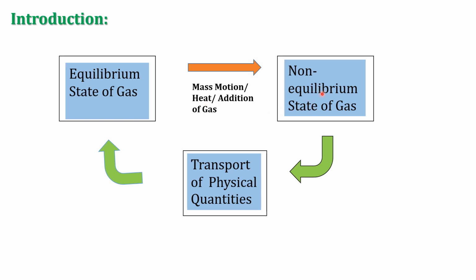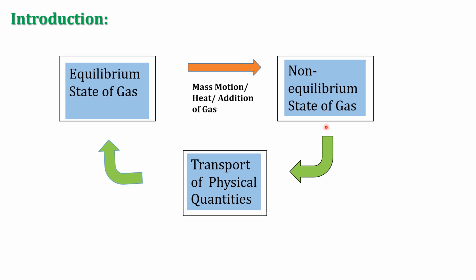Similarly, different parts of gas have different concentration due to addition of a small amount of gas to a gas system. Means in non-equilibrium state, different layers of gas have different velocities, temperature and concentration.